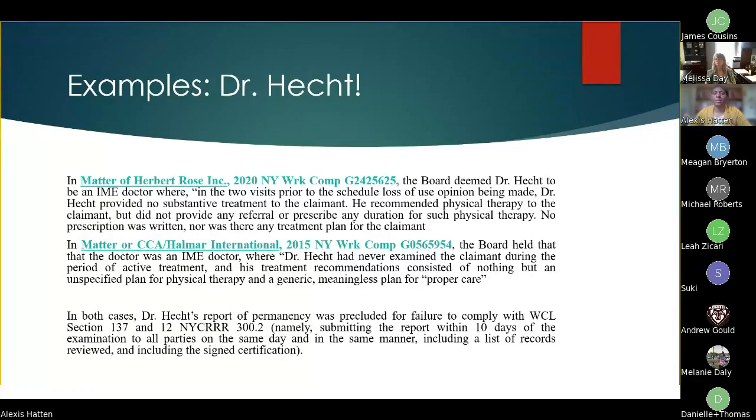They're not prescribing any medications. The recommendation is basically an unspecified plan for proper care. The board will catch that. In both cases, the reports were precluded for failure to comply with 137 and 300.2.